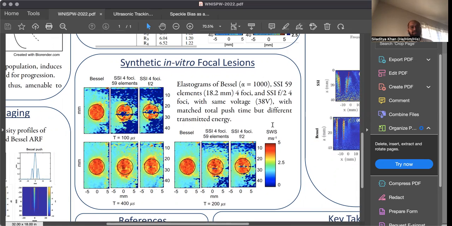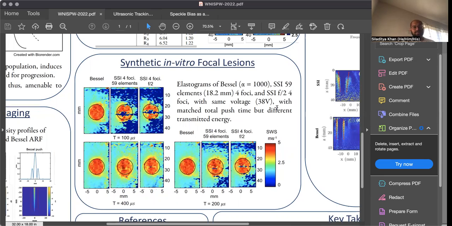So in this set of images, we are trying to image, using ultrasound, a mechanical inclusion, which is of higher stiffness inside a less stiff homogeneous background. And we observed that with Bessel beam acoustic radiation force impulse, we are able to preserve both the shape as well as the estimate of stiffness within the elastogram.